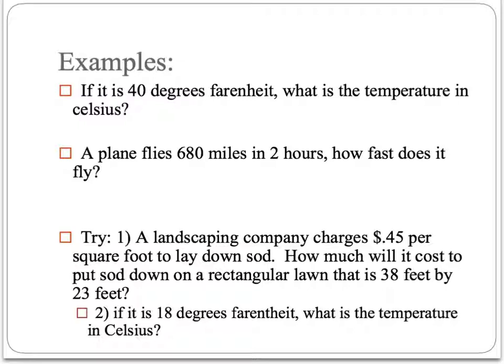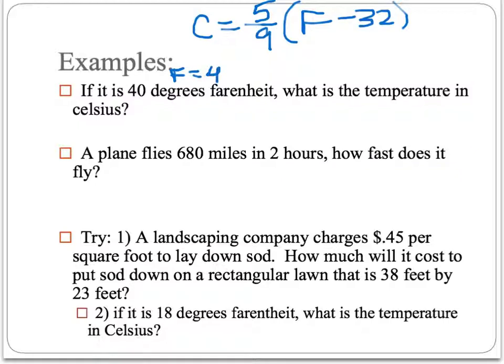All right, let's do some examples. If it's 40 degrees Fahrenheit, what is the temperature in Celsius? According to that list, the equation I'm going to use is C equals 5/9 times F minus 32. If F is 40, I have C equals 5/9 times 40 minus 32. 40 minus 32 is 8.